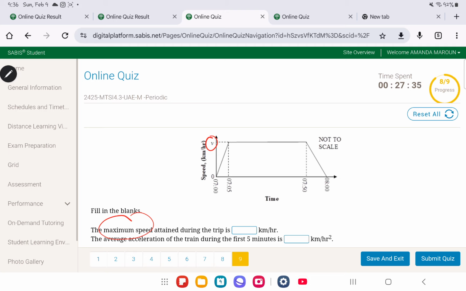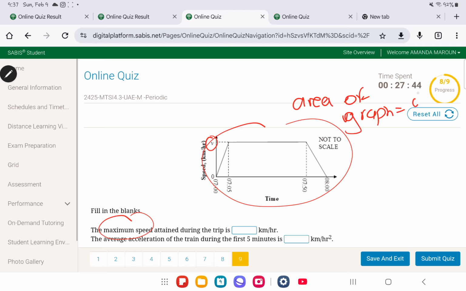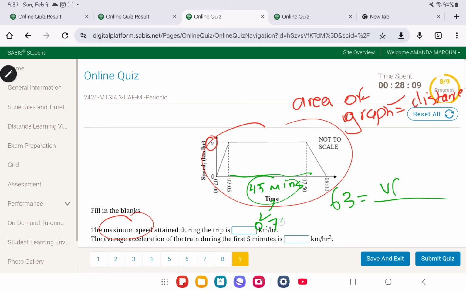So in this case, to find it, the area of the graph is equal to the distance, and our distance is 63. So 63 is equal to the area of the graph, which is a trapezoid. It is the height, which is v, times base 1 plus base 2 over 2. Base 1 is 45 minutes. If you change 45 minutes into hours, it's 45 divided by 60, which is 0.75.